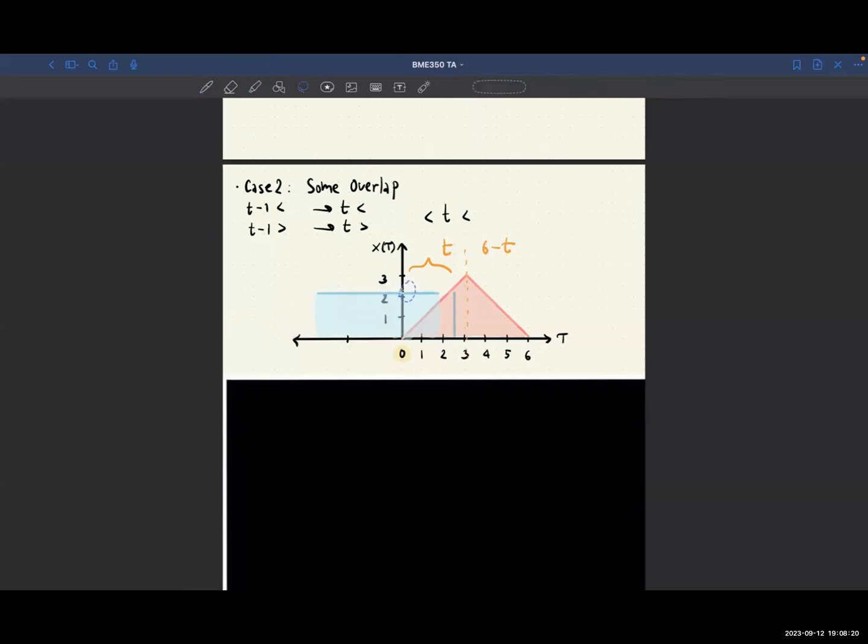If I move this, it's still overlapping, right? And if I move this here, you might think that the boundary is going to be at 1, but it's actually not. We don't know where it is yet. So for this scenario, t minus 1 is still going to be less than 3, while also t minus 1 is more than what, everyone? You want to put your answer here?